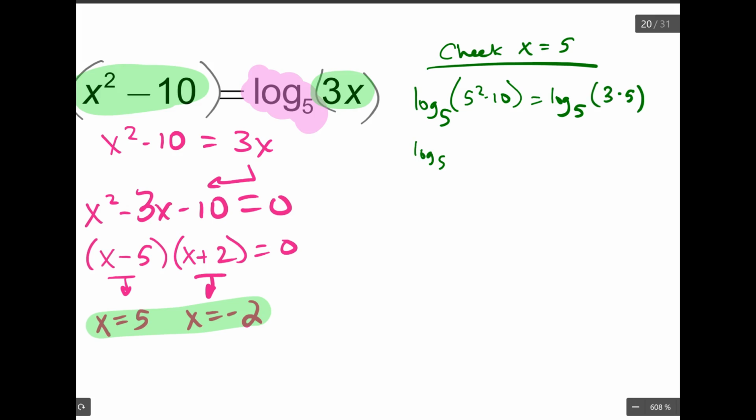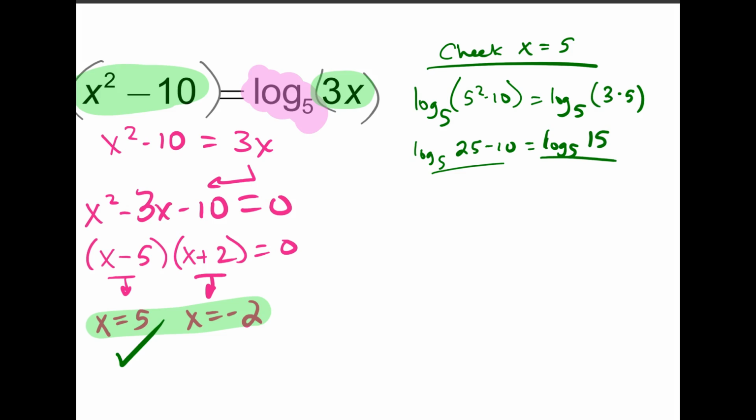So I have log base 5 of 25 minus 10 equals log base 5, 15. On the right side it's positive. What about the left side? 25 minus 10 is 15. That one's fine because I end up with a positive number. I'm not trying to solve it; I'm making sure I'm not taking the log of a negative number.